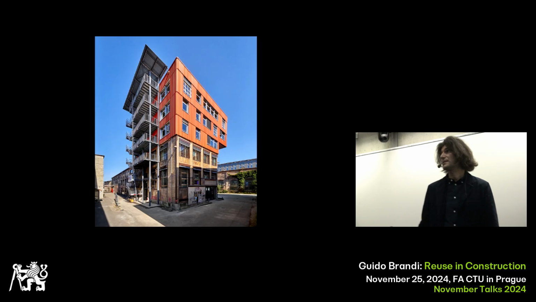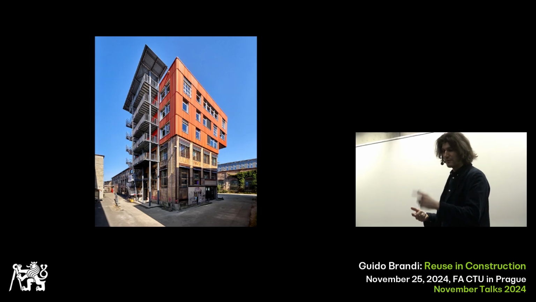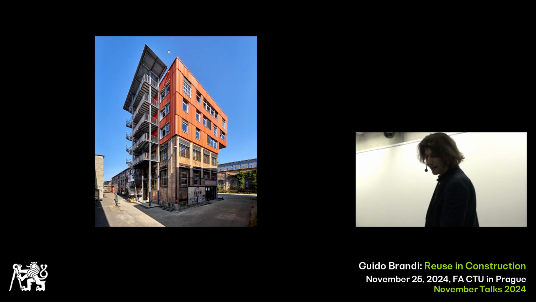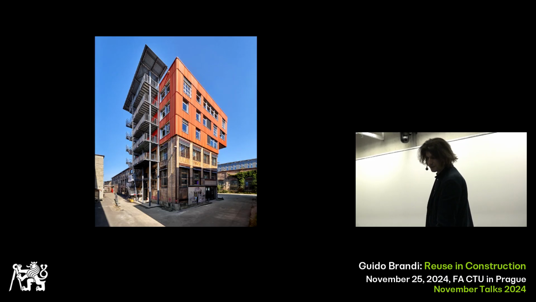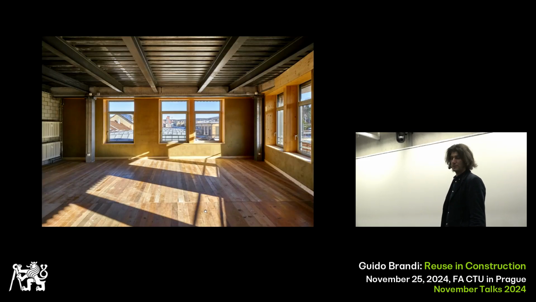And what you see in this image is so striking because everything that you see is reused. Every window, all the orange metal sheets, the entire staircase, the balcony, the structure in steel, even the solar panel on the roof that you don't see, they are reused. When we go inside, everything here is also reused.